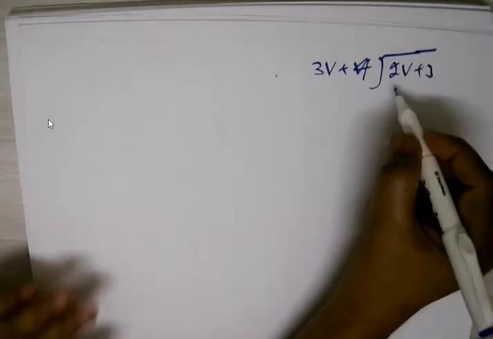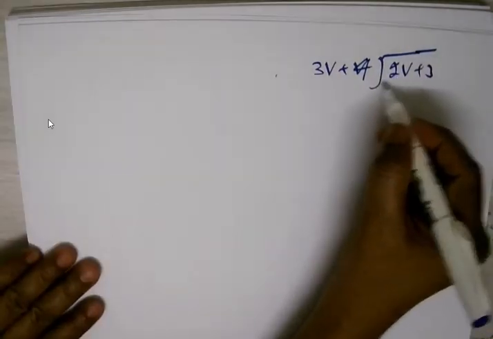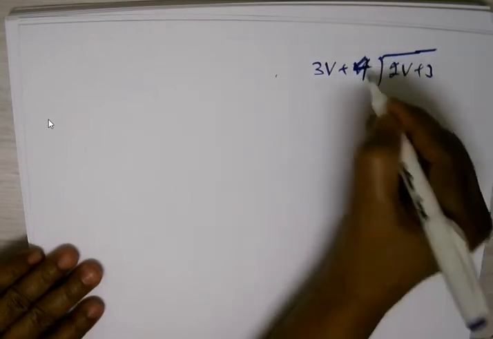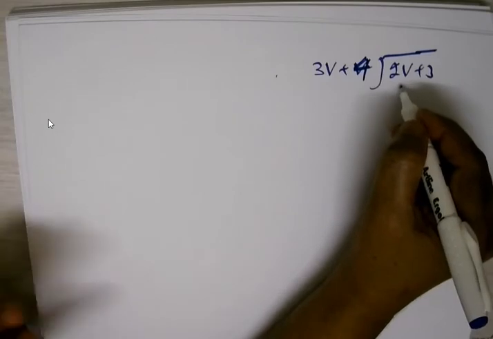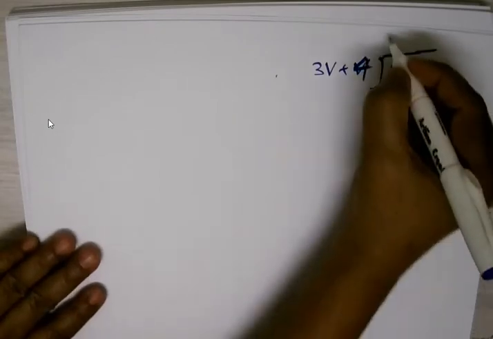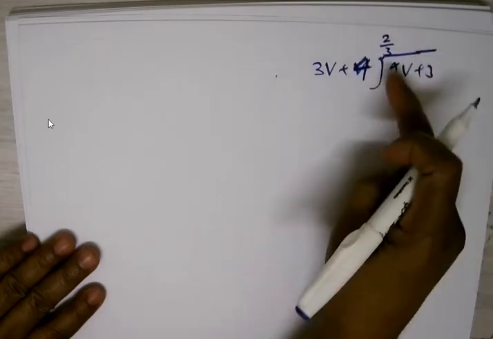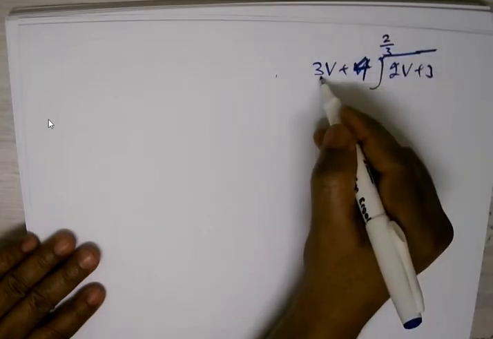What do we have to do? See here, I need 2v here, but here it is written as 3v. So we need to multiply, in my mind, by something that gives us 2v here. So see, if I multiply here by 2 by 3, then 3 multiplied by 3 cancel and 2v.